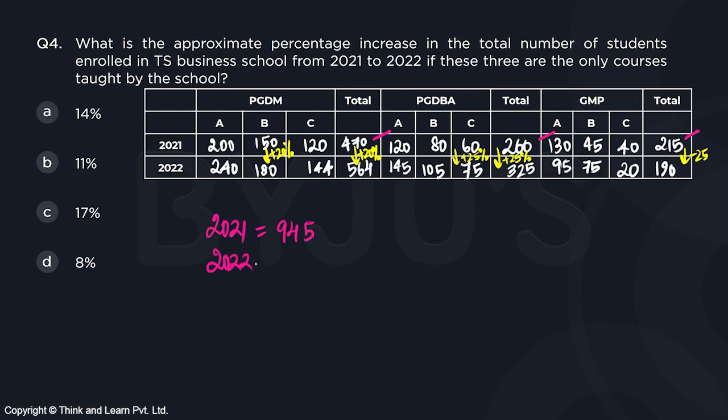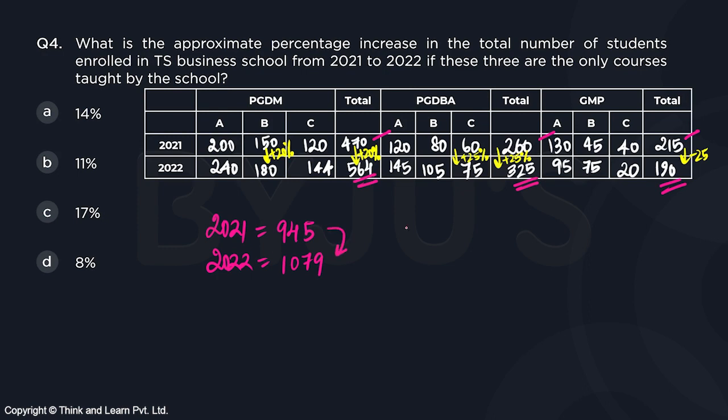And if you talk about the year 2022, the sum is 564 plus 325 plus 190, which is 1064 plus 15 is 1079. So what is the percentage increase?